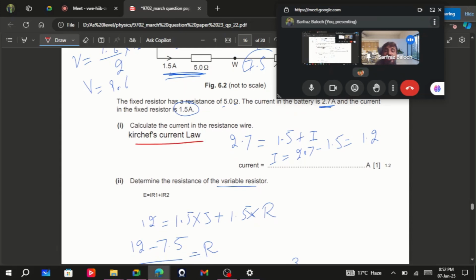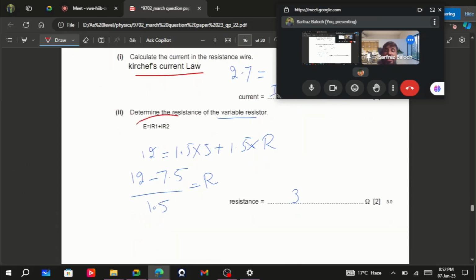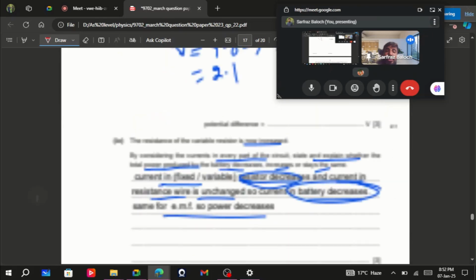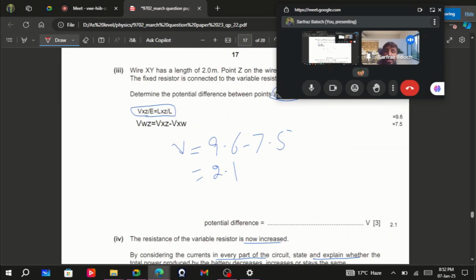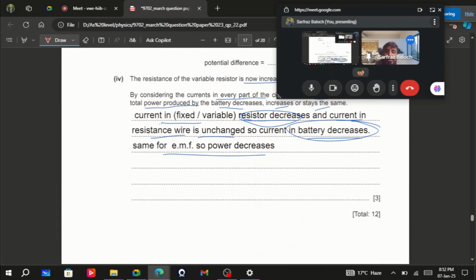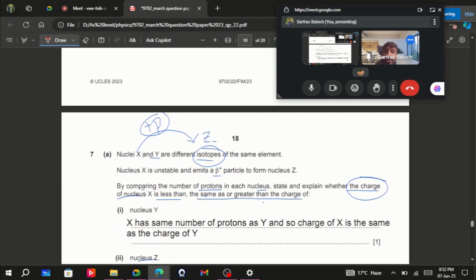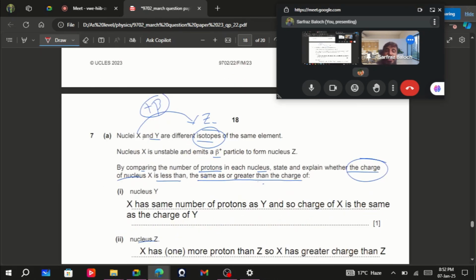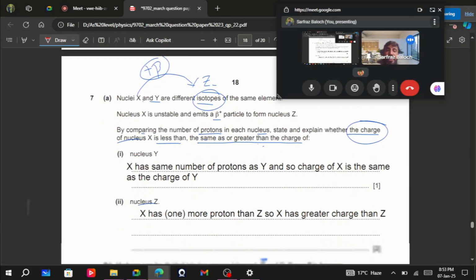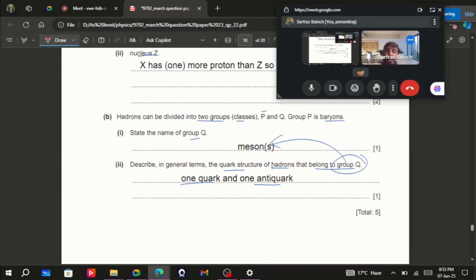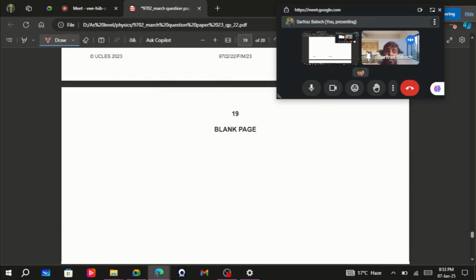Here is Kirchhoff's current law, and here is the electromotive force formula. Next is again about decays, beta decay, beta positive decay, beta negative decay, and this is about fundamental particles.